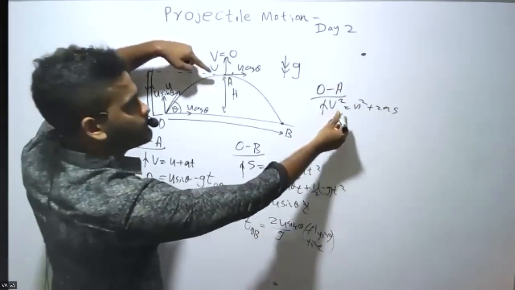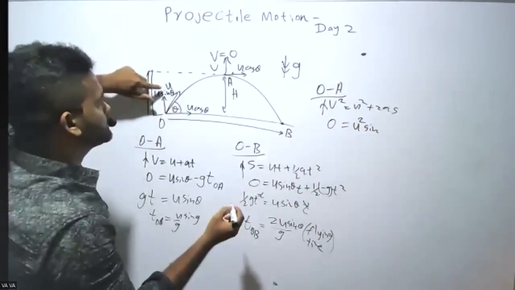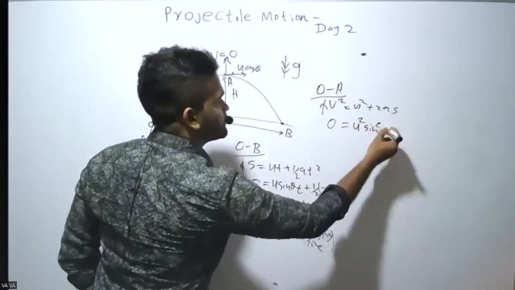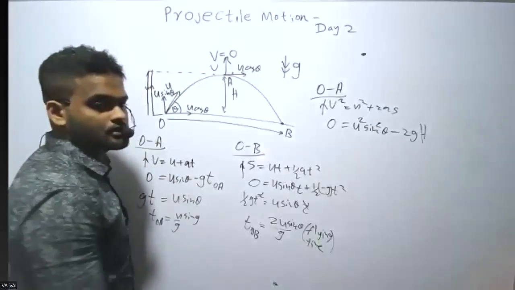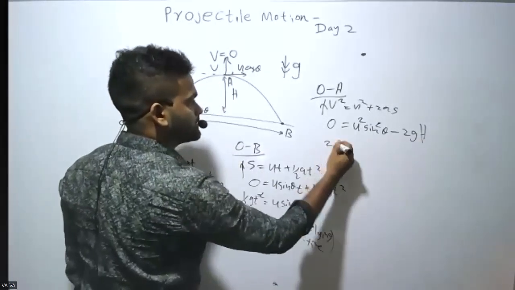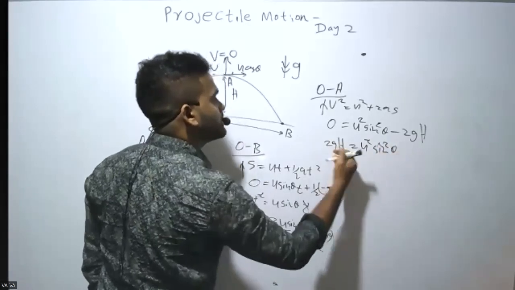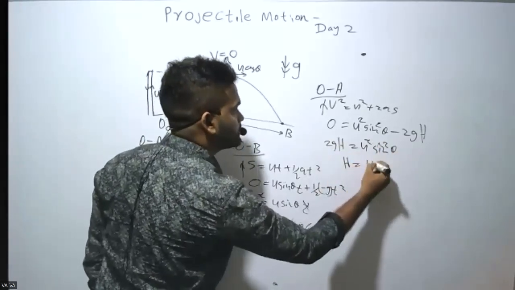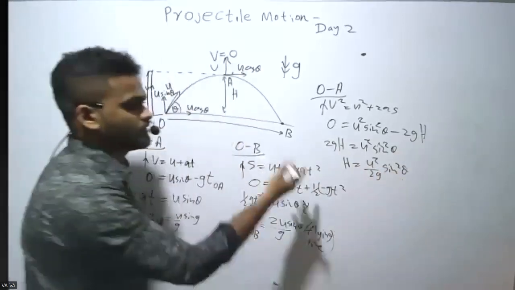So it is easy to apply this equation. Then u squared, vertical component u sin theta, u squared sin squared theta minus 2g, maximum height is capital H. Take this to this side, u squared sin squared theta divided by 2g. Okay, so that is the maximum height.